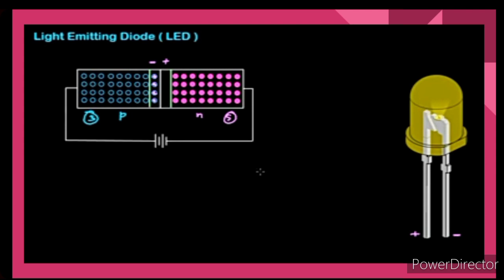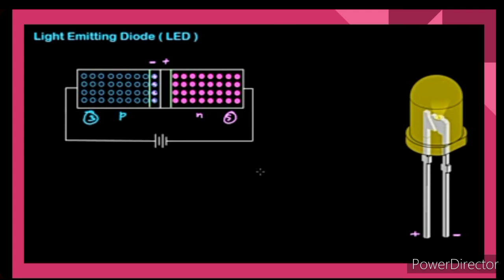A normal PN junction diode allows electrical current in only one direction. It allows electrical current when forward biased and does not allow electrical current when reverse biased. Thus, a normal PN junction diode operates only in the forward bias condition. Like a normal PN junction diode, an LED operates only in the forward bias condition.